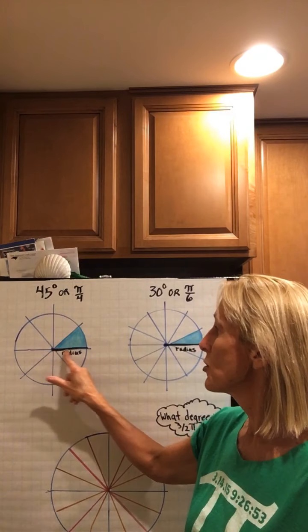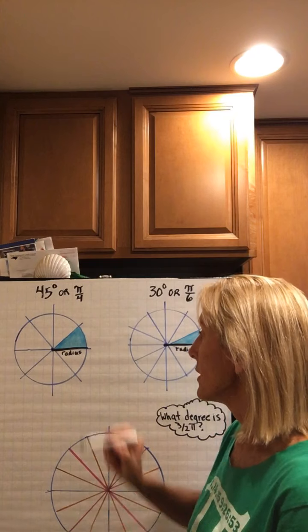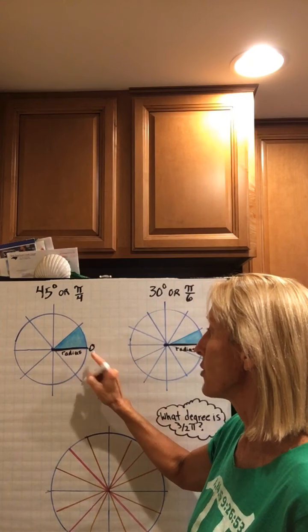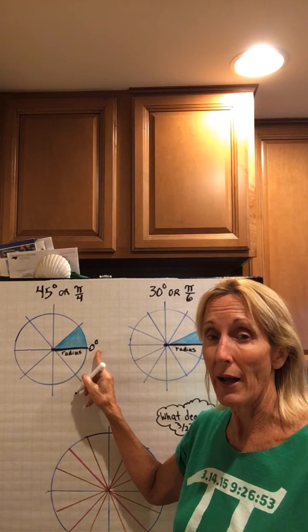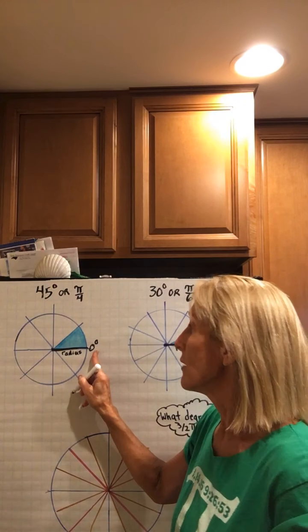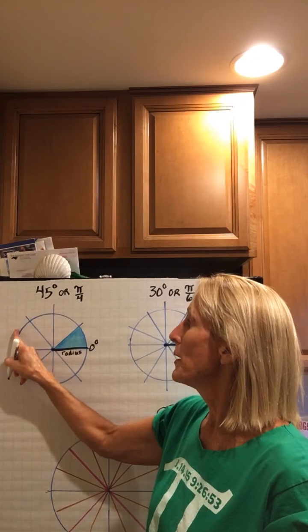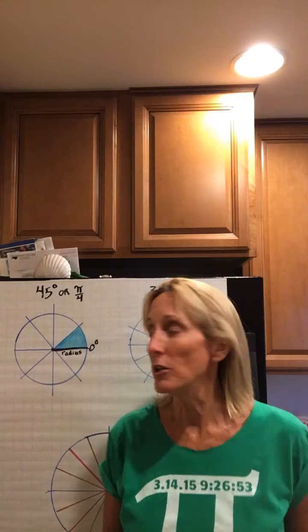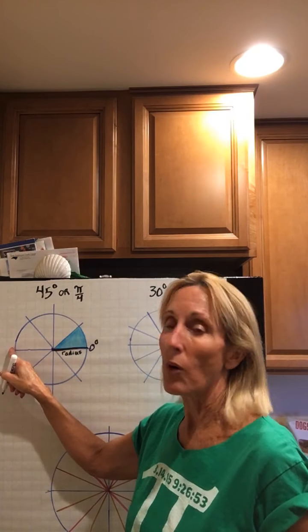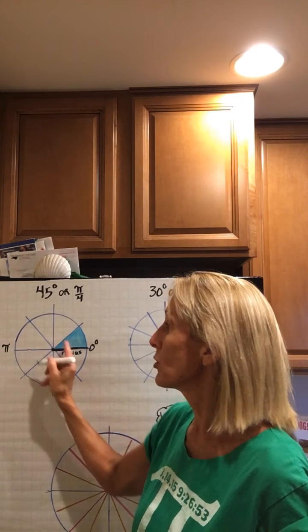So this is the radius. If you remember, we start here with 0 degrees, and this is also 0 pi. There is no pi here. If you recall, it took 3.14, or pi, to get a half a circle.